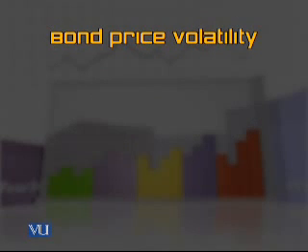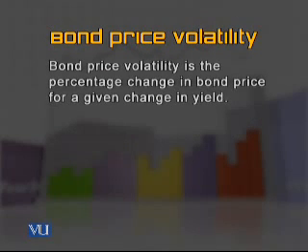Now, what is actually bond price volatility? Bond price volatility is the percentage change in bond price for a given change in yield. That is what we understand by volatility. The first thing to keep in mind is what volatility is. Volatility means movement on both sides of the price. It's not a single directional movement.